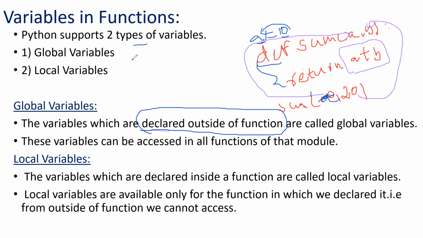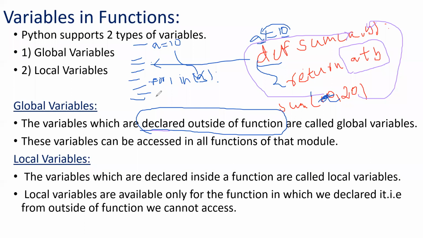For example, if I write 100 lines, and I assigned a equal to 10 outside the function, this can be utilized by this function, or if you want to use a for loop, for i in a means 10. So it assigns like this. For i in 10 means 10 times, the loop runs 10 times.